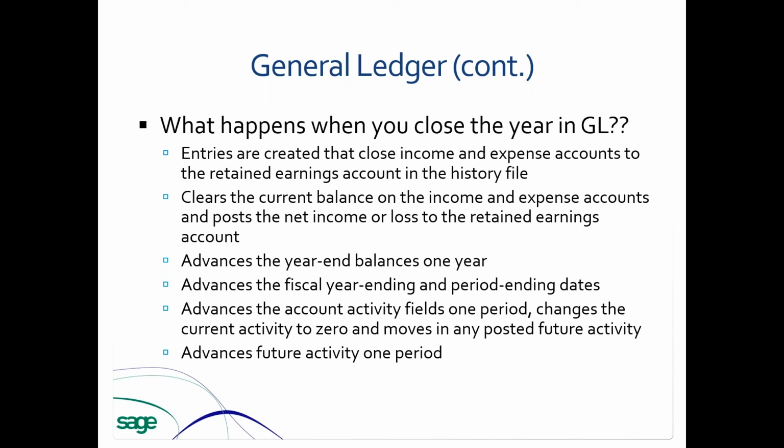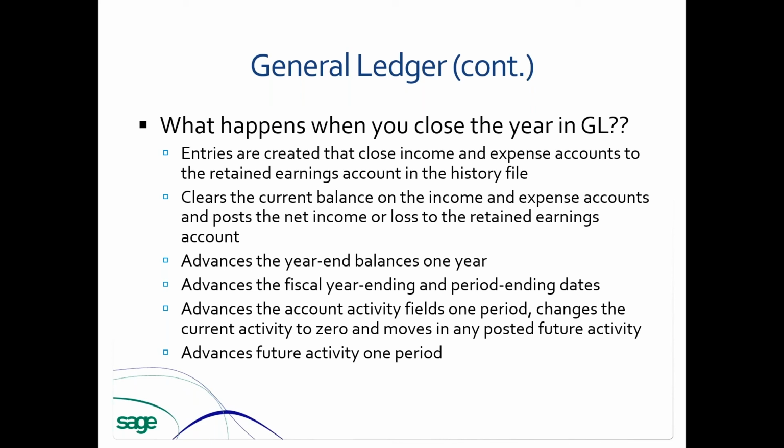And then for those income and expense accounts, it zeroes out the current balance and then it rolls the activity on the activity tab. So I'm going to show you that in just a minute. All the year-end balances get moved forward by 1 year. It advances your year-ending and period-ending dates on your prefixes, depending on where you've set your fiscal entity at.